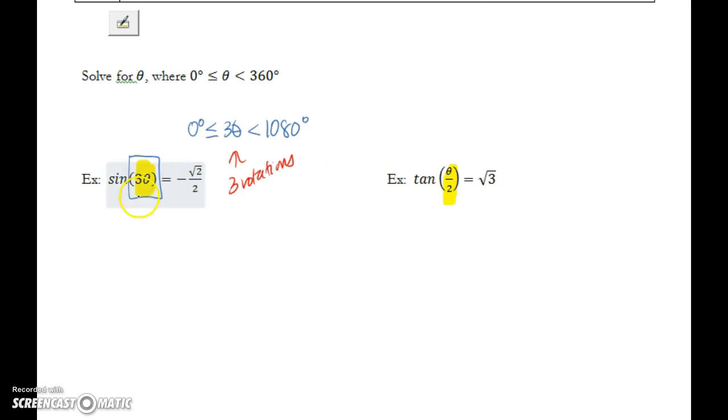So let's take a look at our equation. Again, we're treating everything that's in the box as a single entity. So the sine of something equals negative root 2 over 2. Well, negative root 2 over 2, you should recognize this from your note card as a 45, but because it's negative, it's a 45 in quadrants 3 and 4. And so when we're finding our solutions, we're going to find quadrant 3 and 4 solutions within 3 rotations of our circle.